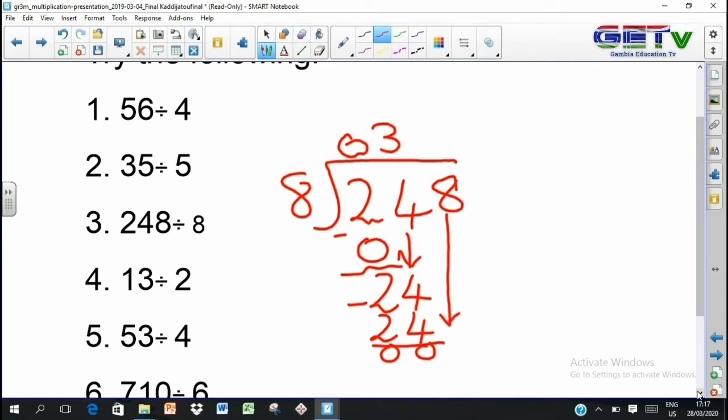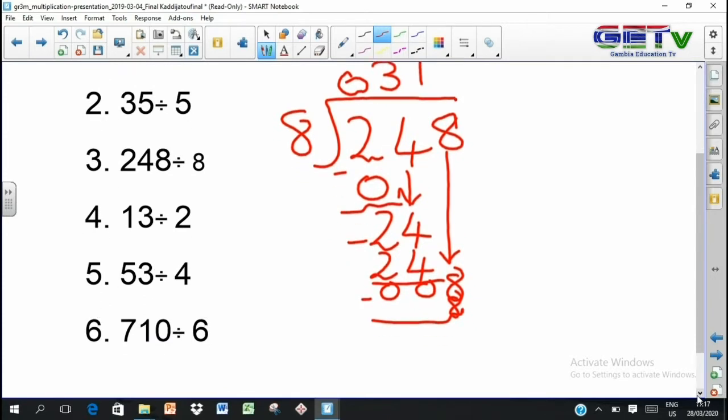Now the unit down, which is 8. 8 divided by 8 is 1. 1 times 8 is 8.